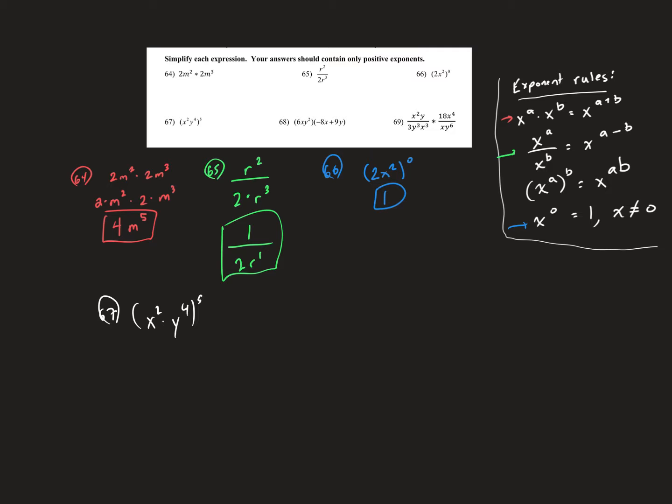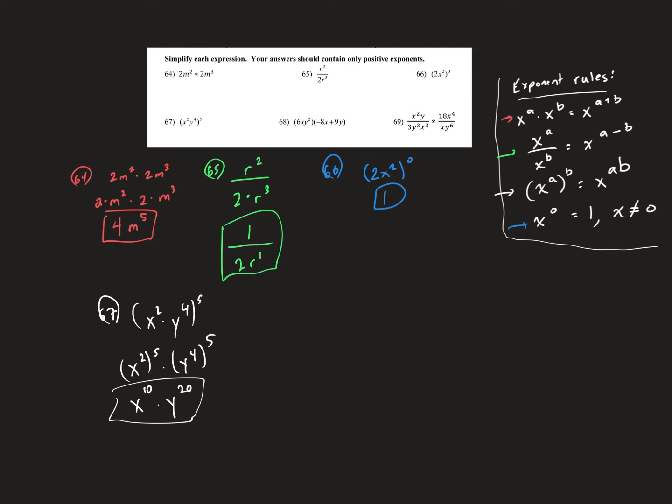And I've already made a video on that one, I think, but if I haven't, I can go back and do that. So what this means then is I can separate these and raise them each individually to their powers. You can do that with multiplication and division, but not addition and subtraction. And then that falls under this rule. So x to the 2 to the 5th would be x to the 2 times 5, and y to the 4 to the 5th would be y to the 4 times 5.